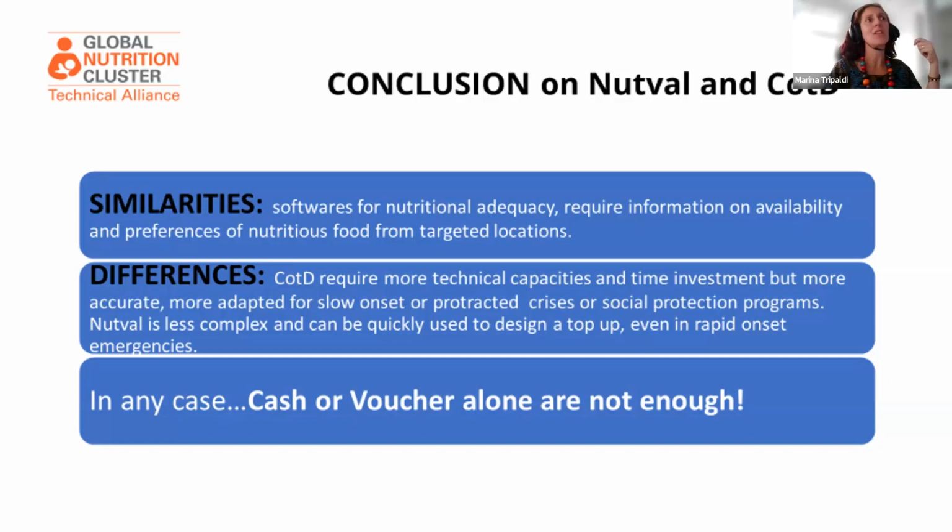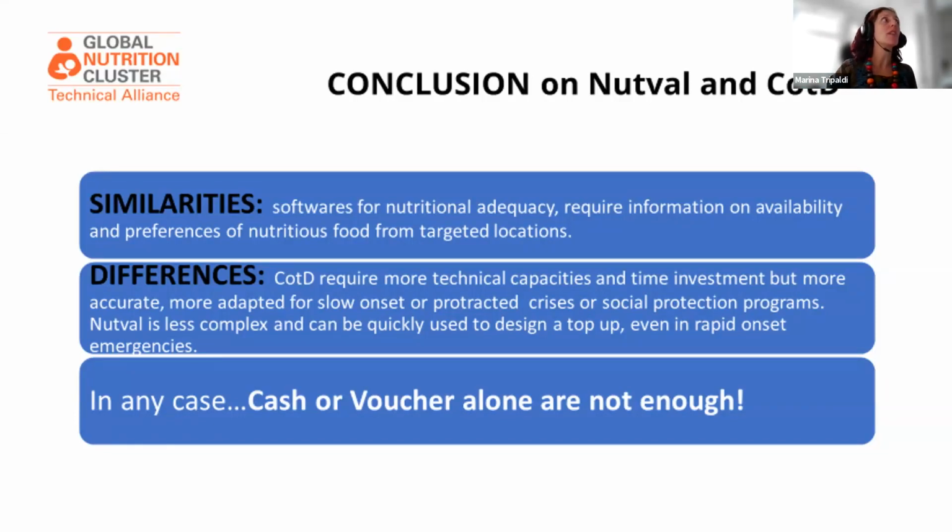And again, there are many differences you've seen on the purpose, on the functionalities, but one difference that we would like to highlight is that the cost of the diet can be used for research purposes, it is not only a software, it's also a method. So it requires more technical capabilities to be used, and also to really implement a cost of the diet study and assessment.